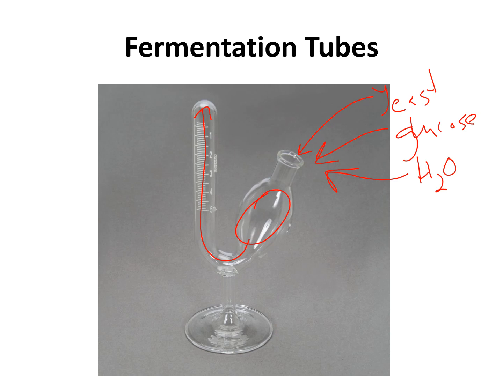So that's what you would have seen. If fermentation occurs, CO2 would have been produced, and the CO2 bubbles would have been collected in the top of the tube, and that would push the liquid down. So that is how a fermentation tube works.